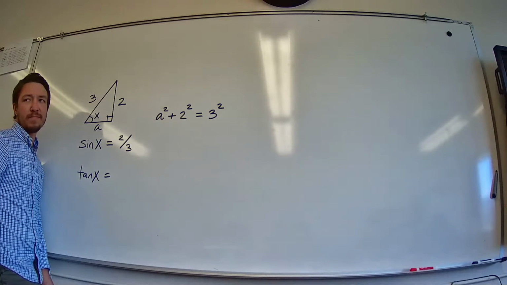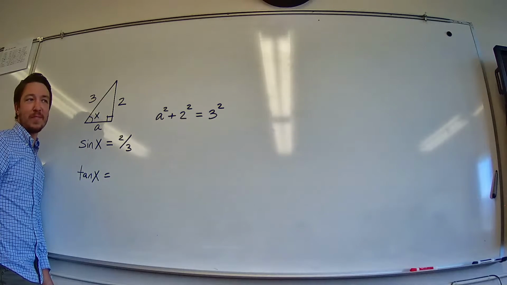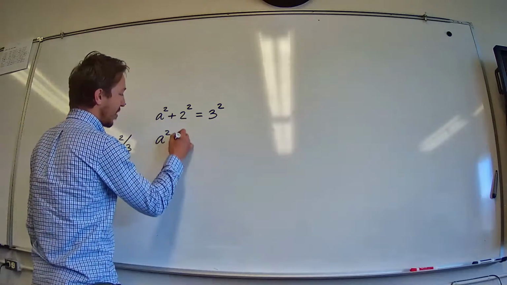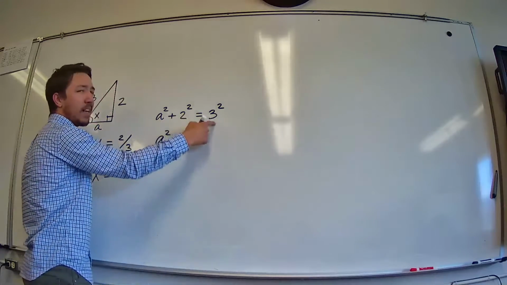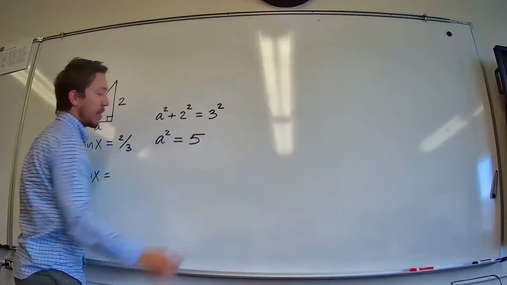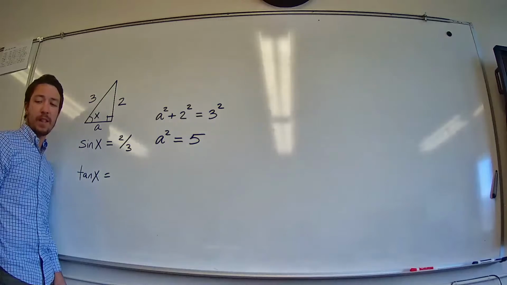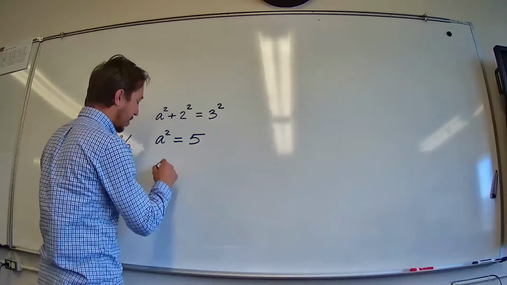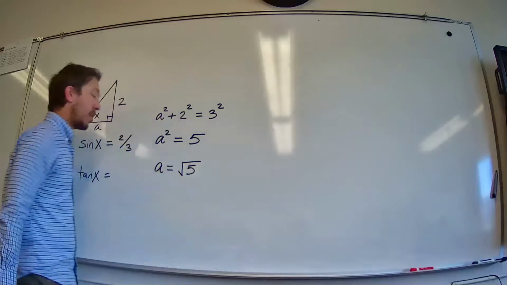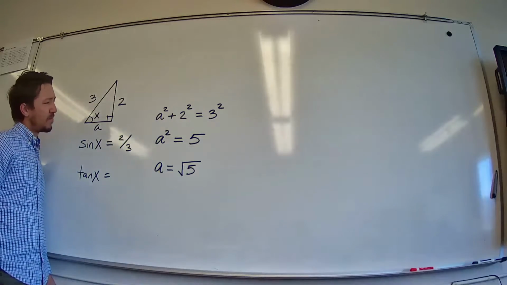Gotta know that one, right? Hopefully. Pythagorean theorem. Okay, so this is a 4, this is a 9. If I subtract 4 from both sides, I get this. Everyone okay with that? So how big is A? Square root of 5.